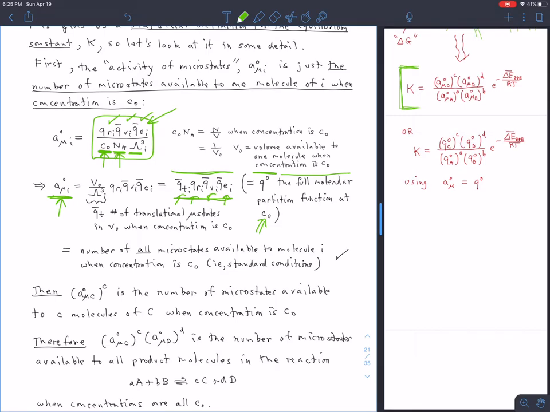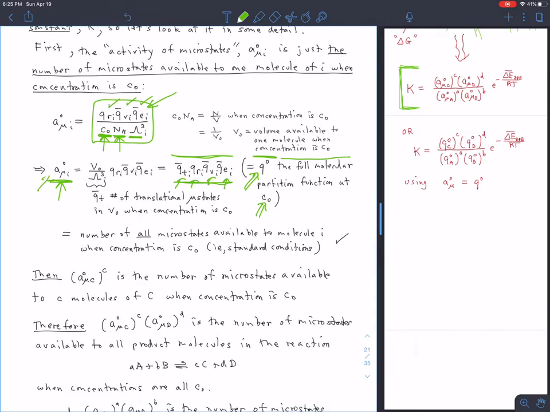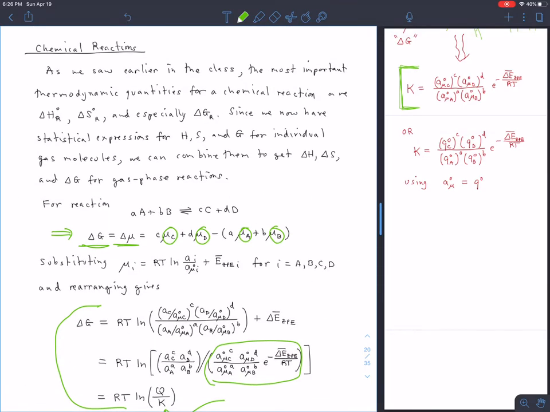And since the partition function is just the number of microstates in the molecule, this activity is just the number of microstates in the molecule. So the activity for any one species involved in the reaction is the number of all microstates of all types available to molecule I when the concentration is the standard state concentration.